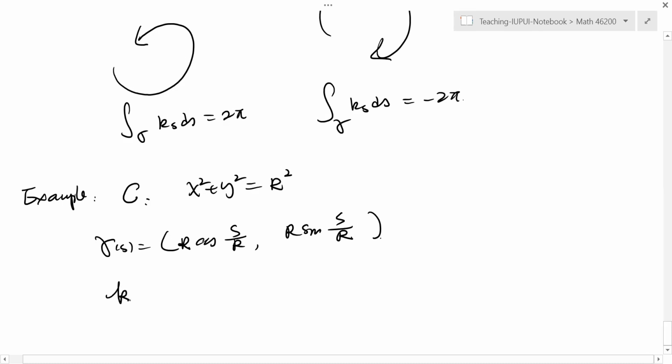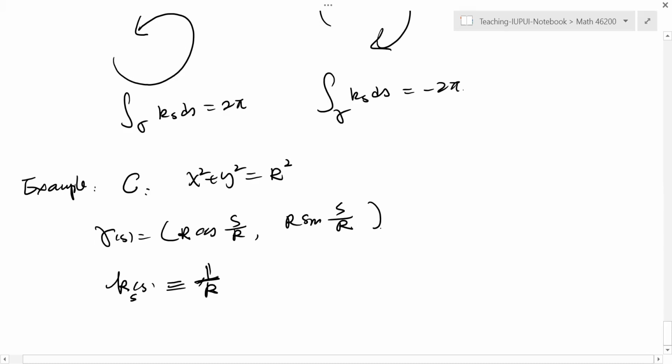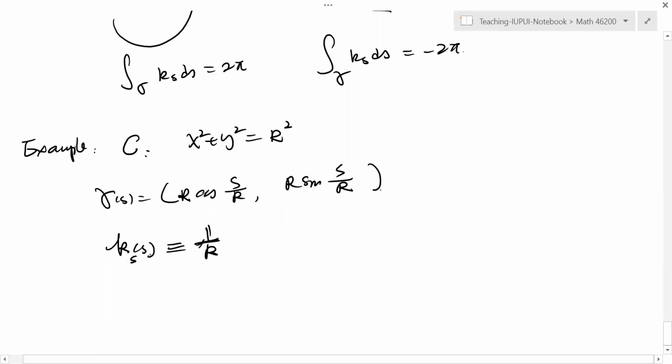The signed curvature is always equal to 1 over r. We already did this before. This s is arc length, and the derivative of gamma has unit length.